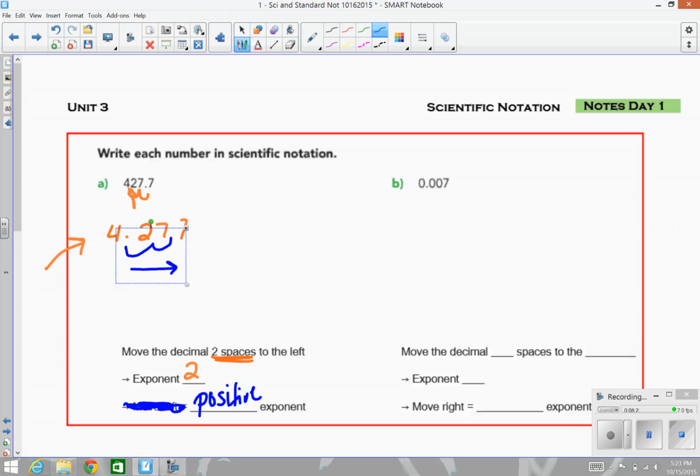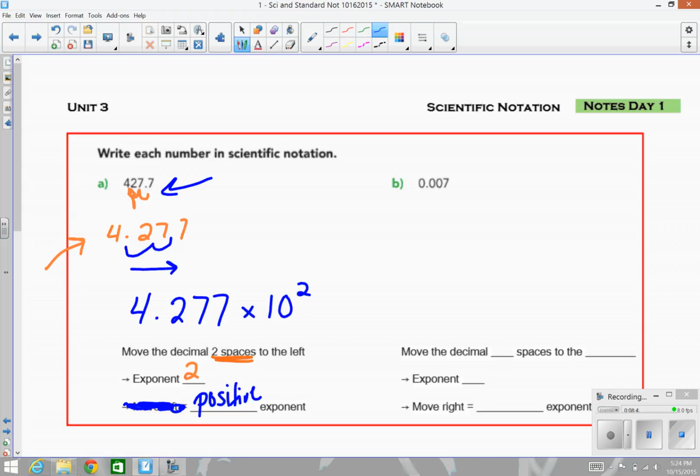So because I moved to the right to get back to where we started, our exponent is going to be positive. So to write this number in scientific notation, I get 4.277 times 10 to the positive 2.